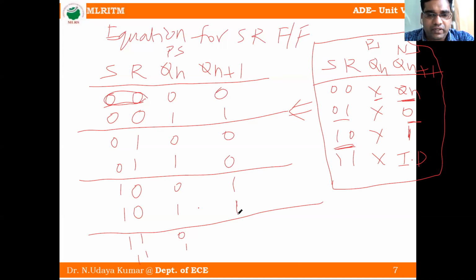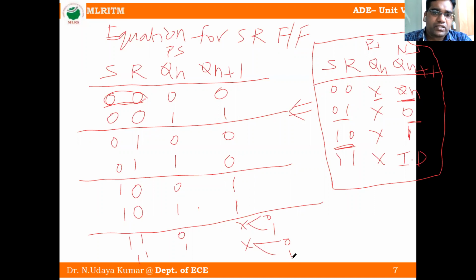If 1 1 is given, it is the indeterminate state, meaning we don't know, don't cares. So we will get either 0 or 1. Okay, so this is the extended truth table for the SR flip-flop.